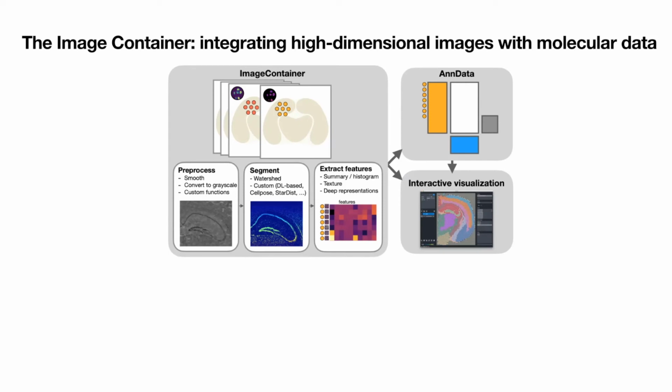So this is what extract features is for, and what it would allow you to do. Essentially this also provides a close integration with AnnData, because the result of this extract features function is an AnnData object that contains, instead of gene information, these features extracted from the spots.